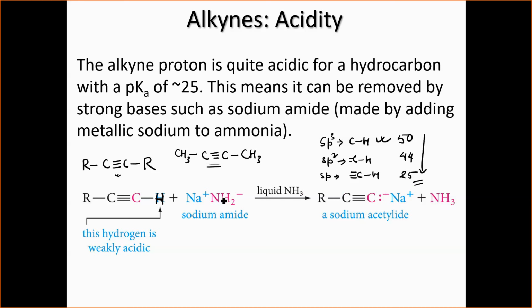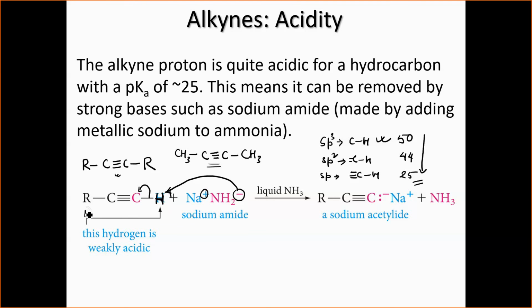So now if you supply a strong base, sodamide or sodium amide, this sodium amide has an amide group which is a very strong base. This will abstract this proton, and as a result the hydrogen will shift this way. Or you can write it this way also, for your convenience.